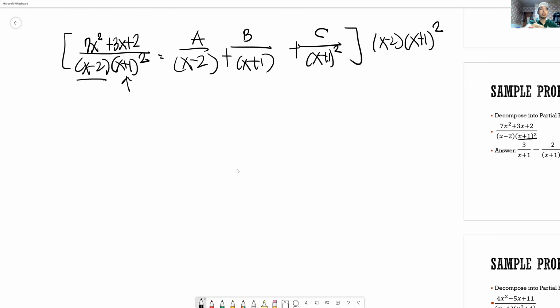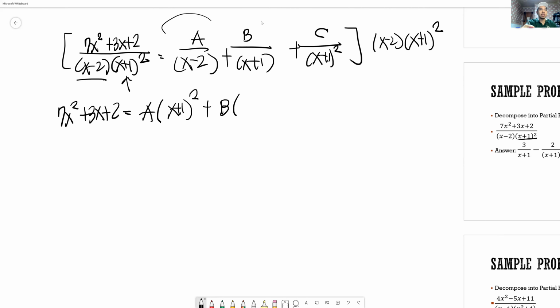So by that, if you multiply this one by this one, what was left is 7x squared plus 3x plus 2 is equal to, if you multiply this one with this one, that would be a quantity x plus 1 quantity squared. If you multiply this by this, that would be b times x minus 2, x plus 1. And then that would be c times x minus 2.